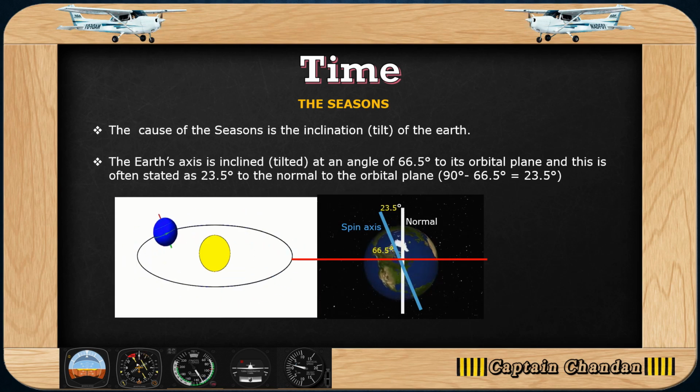As you can see here, 66.5 degrees from the orbital plane to the spin axis, right? But 23.5 degrees to the normal from the spin axis. That's the reason for the seasons changing.